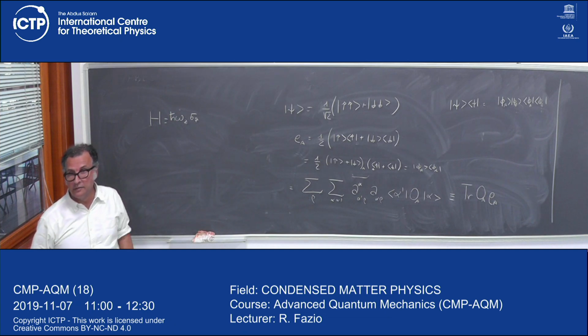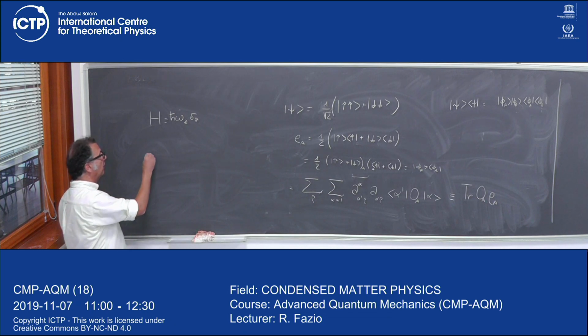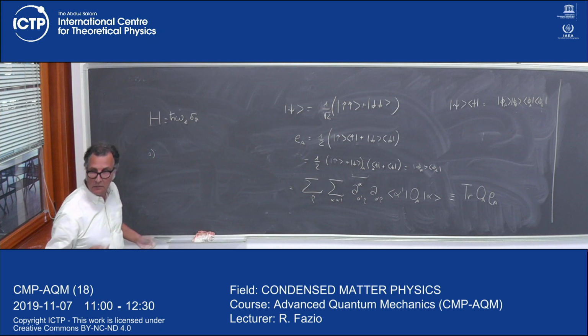This is the Hamiltonian. So, first question, write down the canonical density matrix when the system is at temperature, beta equals 1 over k_B T.